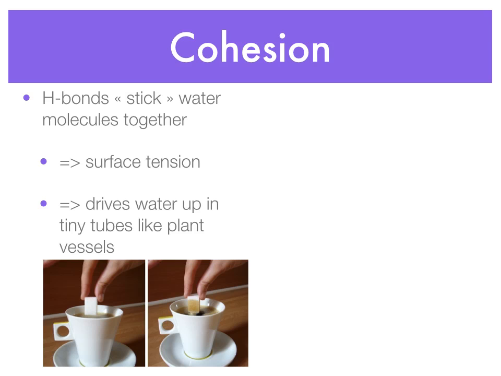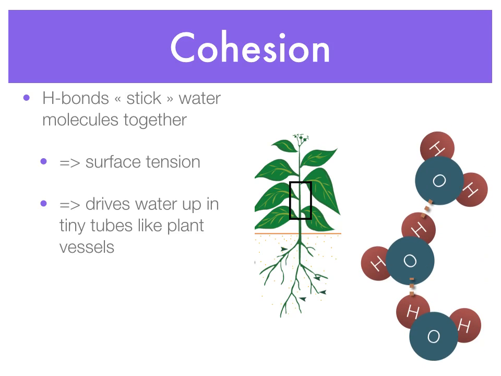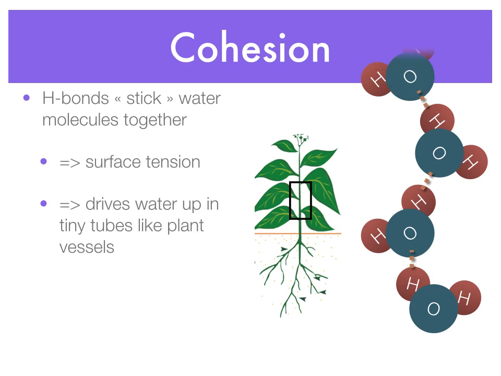A bit more important, this property is at the origin of the circulation of water or sap in the vessels of plants. Water is present in the ground, and it has to go up to the top cells of the plant, and the way it does that is by the fact that water molecules are cohesive and they can go up into the tiny tubes.